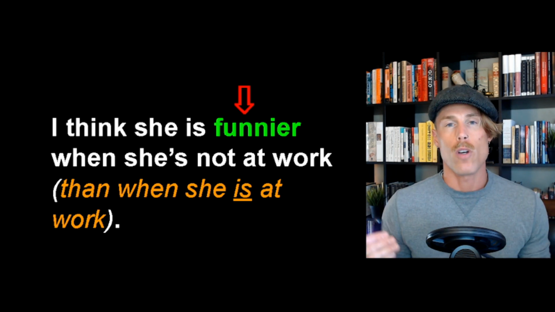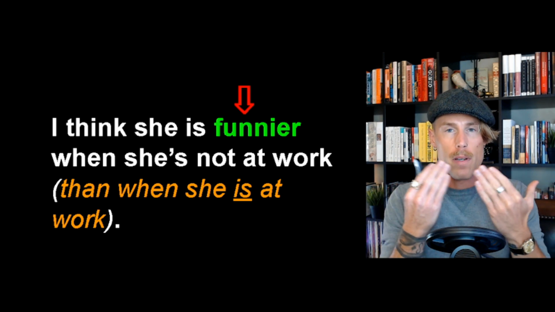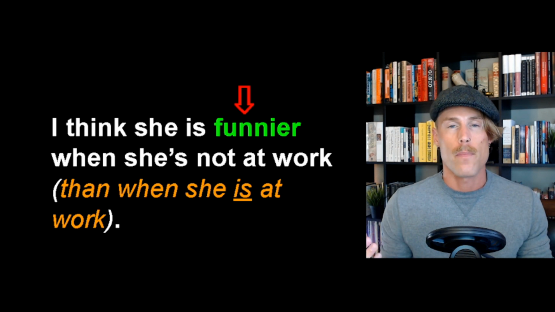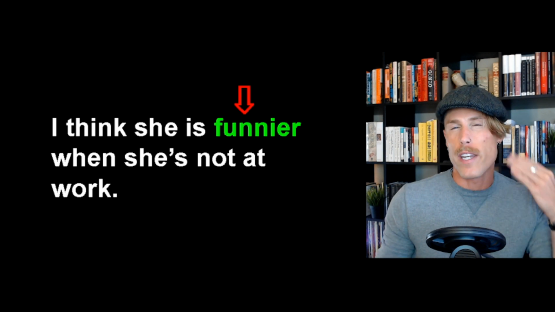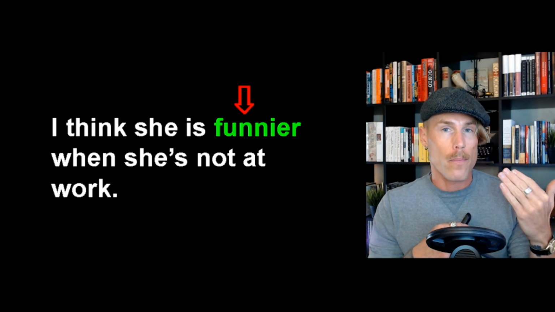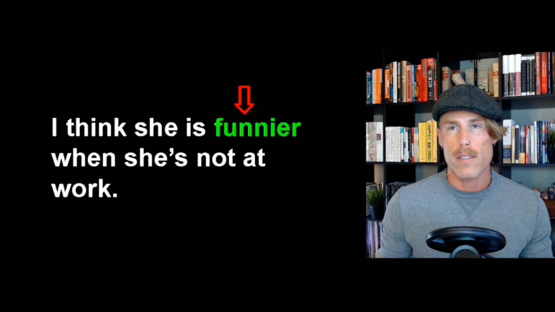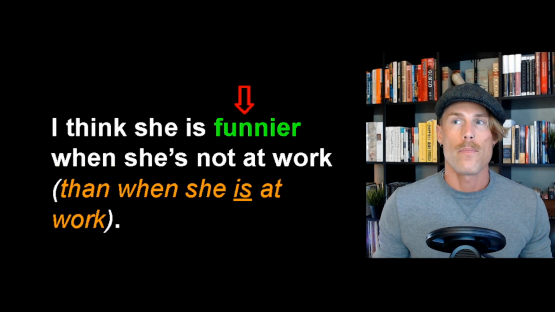In English, we don't always say the second part because it's the same idea, and we understand from the context that the sentence means, I think she is funnier when she's not at work. We know that we are comparing not at work to at work, so we don't need to say it. But this is more advanced. If you are learning, it's definitely okay to say this.